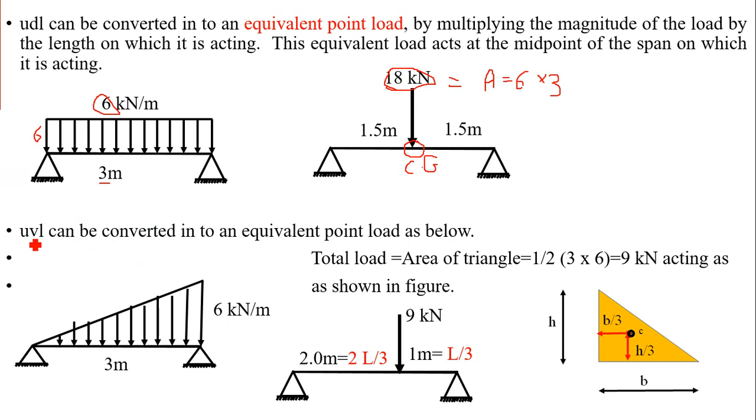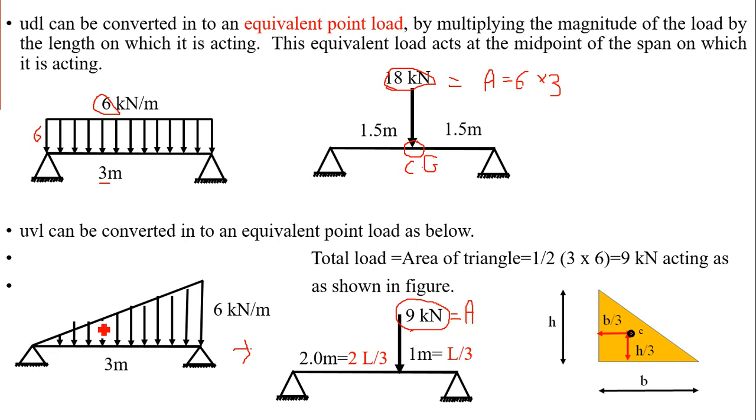Similarly, when we want to convert the UVL into an equivalent point load, consider again a 3 meter span and a uniformly varying load of intensity 6 kilonewton per meter. When you convert this into an equivalent point load system, a point load is shown and the value of this point load is again equal to the area.